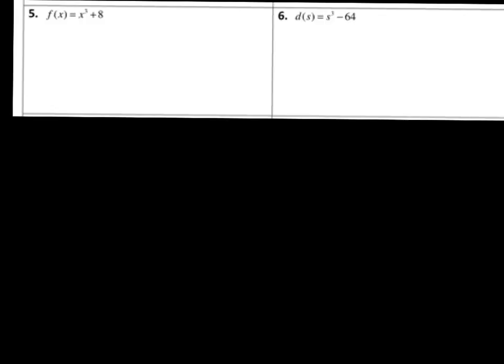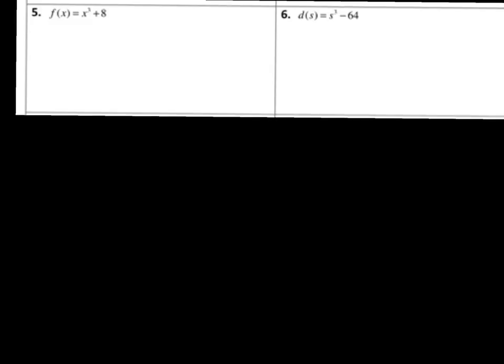So for the rest of this video, even though these, I believe on your worksheet, have been changed to zeros so that we would solve, for the purpose of time, I'm just going to factor. So I'm not going to solve them, I'm just going to factor. This is the sum of cubes. So if you remember from the sum of cubes, we have to find an a and a b.